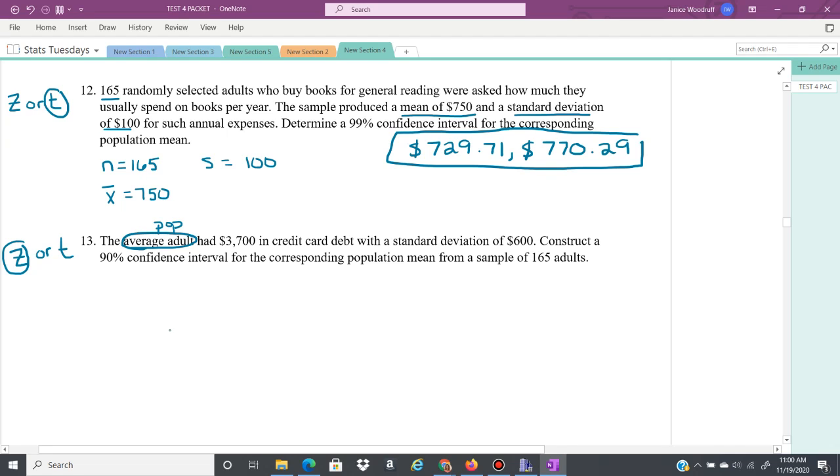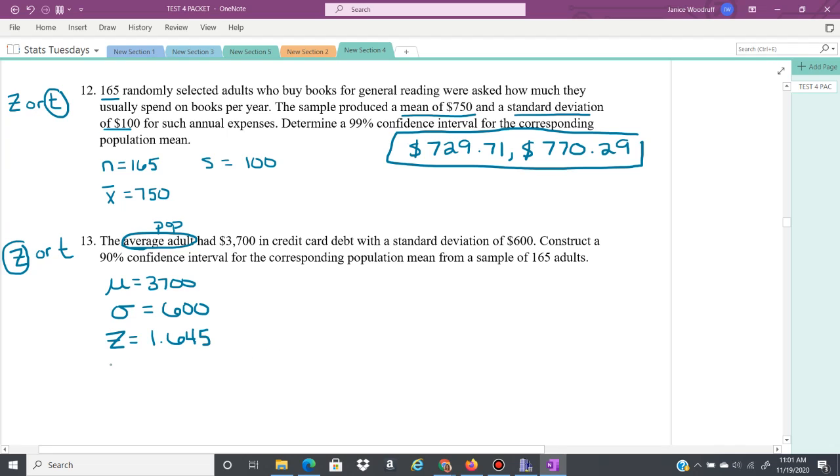Okay, because it's not giving us a sample size until you're getting down here. All right, so this information is based off of a population mean and a population standard deviation. So we have a Z. Our Z will be for 90% on the chart, 1.645.